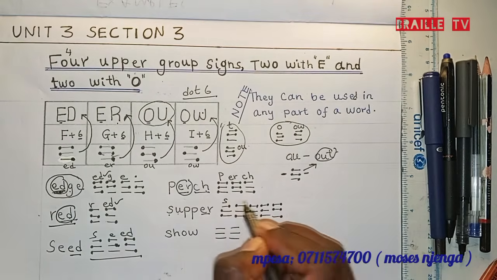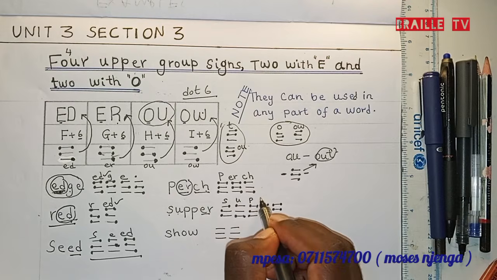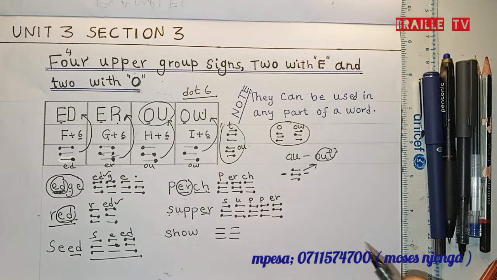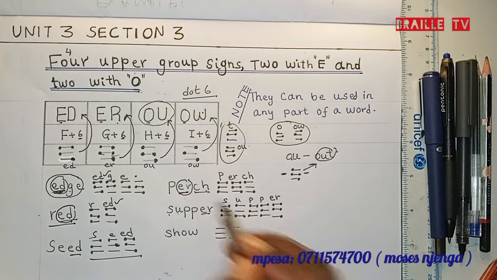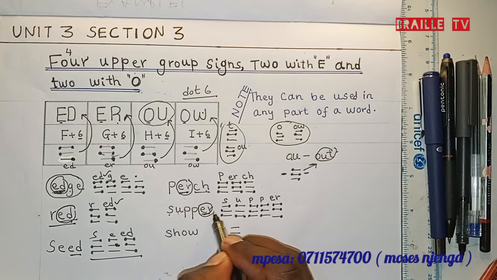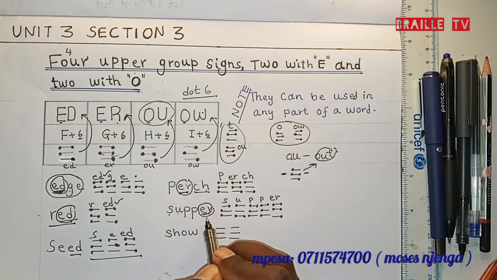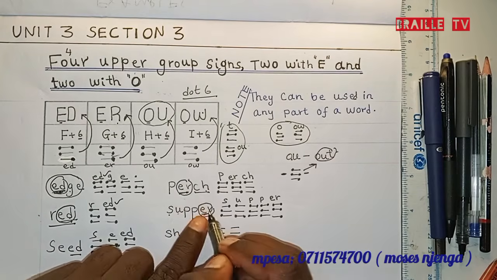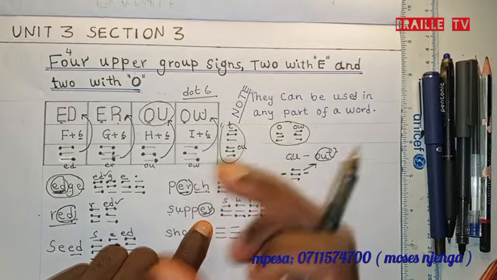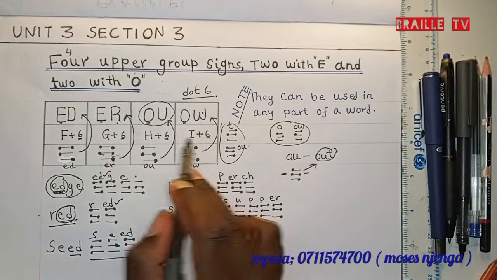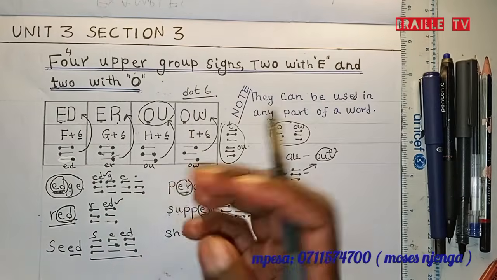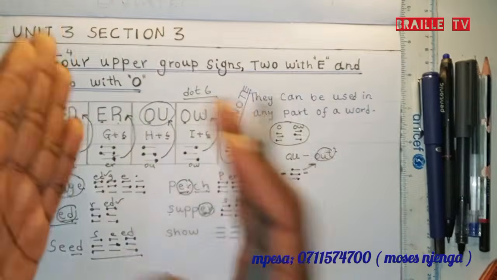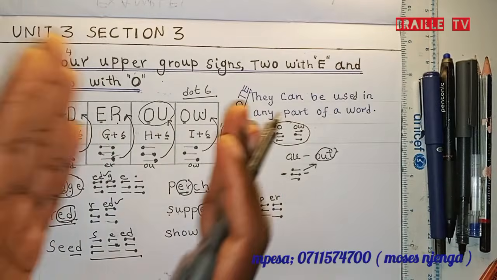So here it is S, U, P, P, ER. So teachers, you can see here we had ER at the middle of a word, and ER here, the same ER, it is at the end of a word. But we are going to contract. We have contracted them. So that's why I said these four upper group signs, 2 with E and 2 with O, you contract them whenever you get them, at the end, at the middle, or at the beginning.